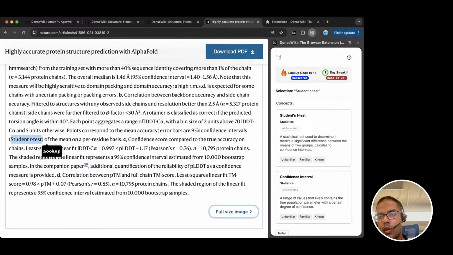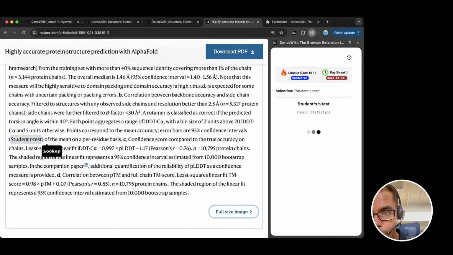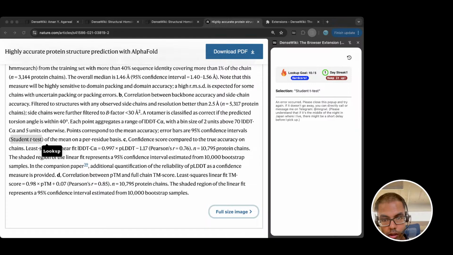Oop! Hit today's goal. Hardcore. Why is it taking so long? Okay, there's a server error.